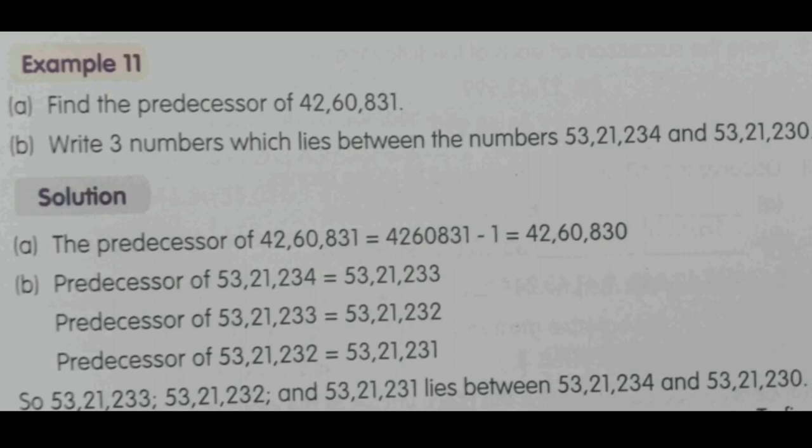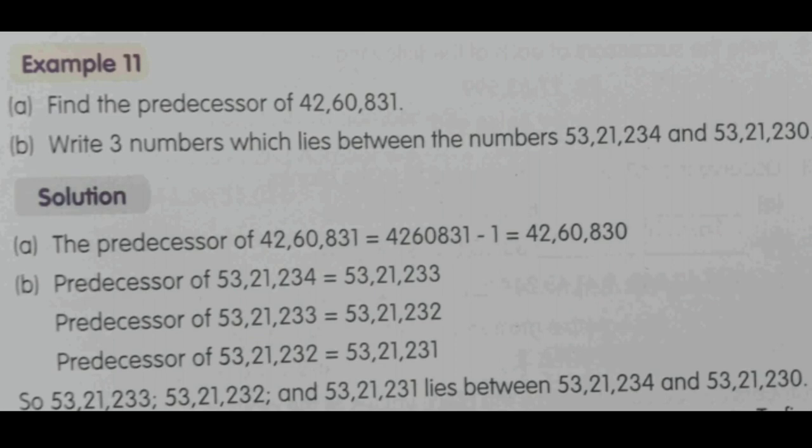In part B, you need to write the three numbers which lie between 53,21,234 and 53,21,230. For this, again you find the predecessor starting from the first number. Firstly, the predecessor of 53,21,234, calculated by subtracting 1, is 53,21,233.